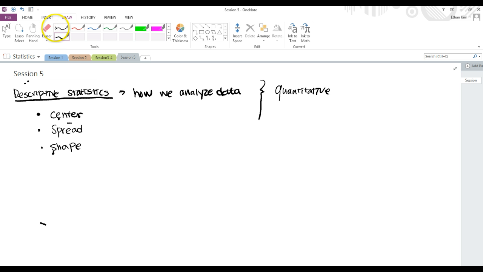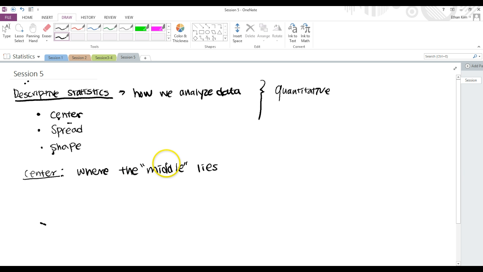Alright, so let's discuss center. Center literally means where the, and I put this in quotation marks, middle lies, right? Whenever we have a set of data, we need to know where the center lies.